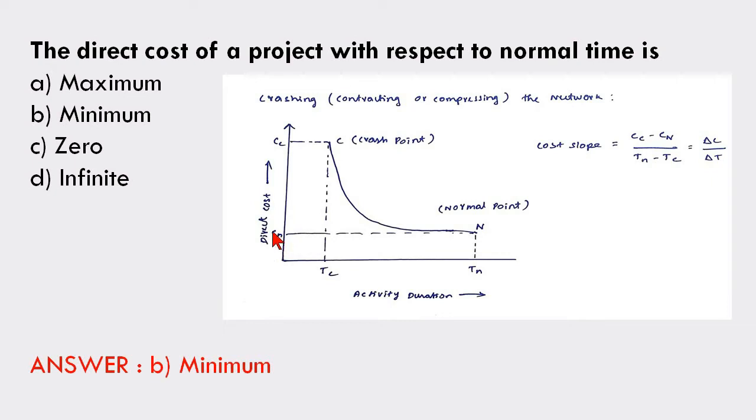Minimum direct cost is at the normal point. The normal time gives the minimum direct cost, and the crash point gives maximum direct cost. Here they have asked with respect to normal time, so it is minimum. With respect to crash time, it is maximum.